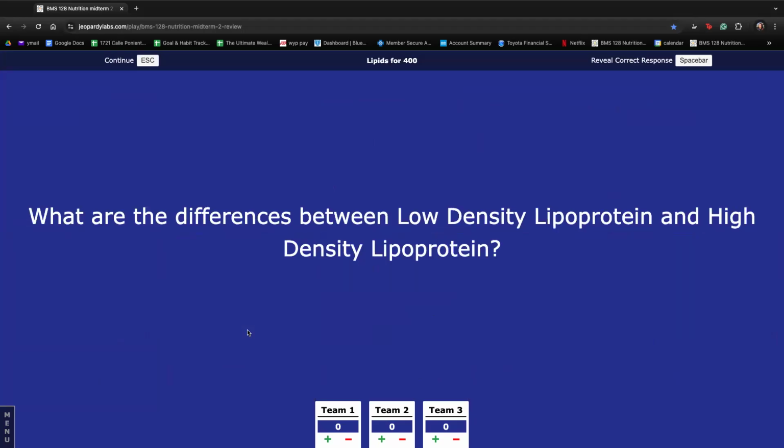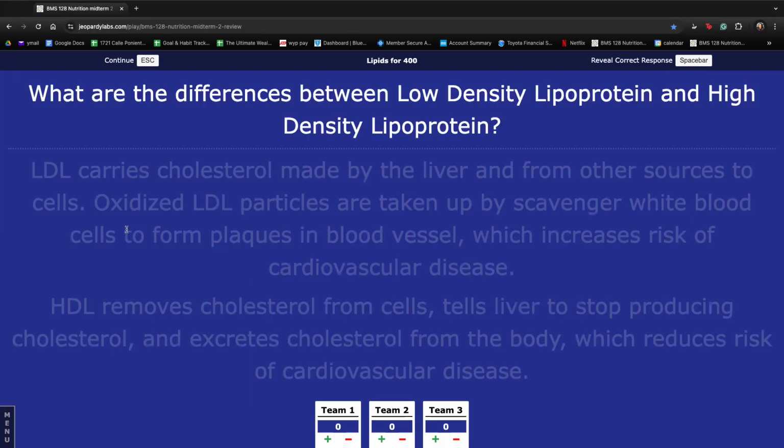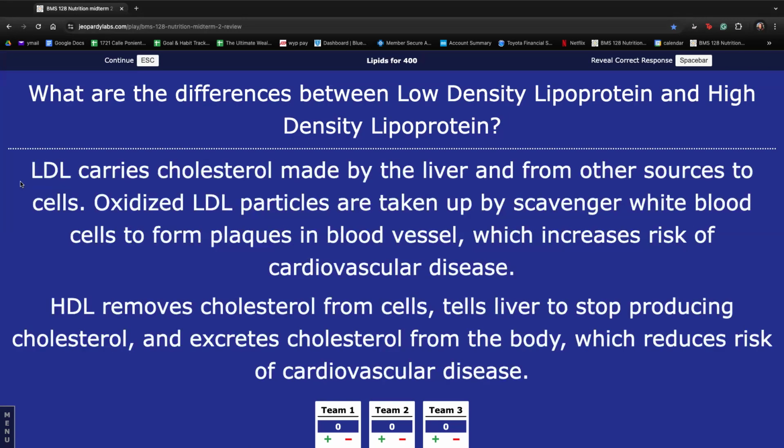What are the differences between low density lipoprotein and high density lipoprotein? Here's a hint. One of them is called the good cholesterol and the other the bad cholesterol. But why are they called good and bad? So LDL, yes, you're right, Riley.